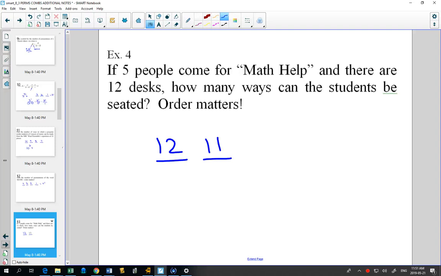It's very awkward if you come into math help and decide to sit on somebody else's lap when they're already asking math questions. Okay? Third person, fourth person, fifth person, then 10 choices, then 9, then 8. This is the same as 12P5. And the order matters because if you're sitting near my desk, you get better math help than if you decide to sit in the back corner.